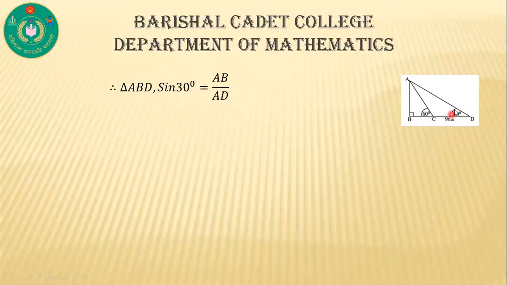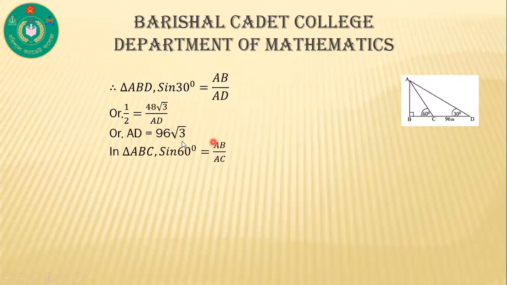That's why we can write sine 30 degree is equal to perpendicular by hypotenuse. Here perpendicular AB and hypotenuse AD. That's why we can write sine 30 degree is equal to AB by AD. Now we know sine 30 degree is equal to half and AB is equal to 48 root 3 by AD, or AD is equal to 96 root 3.